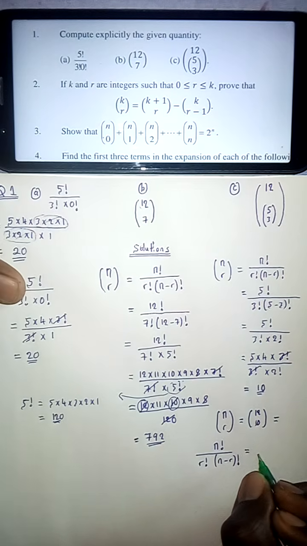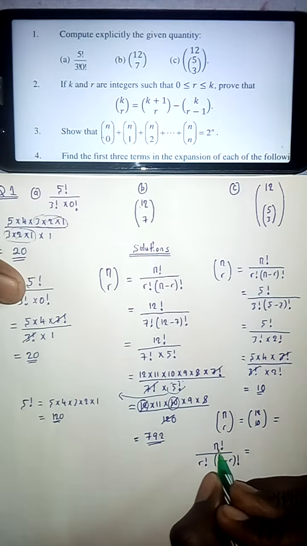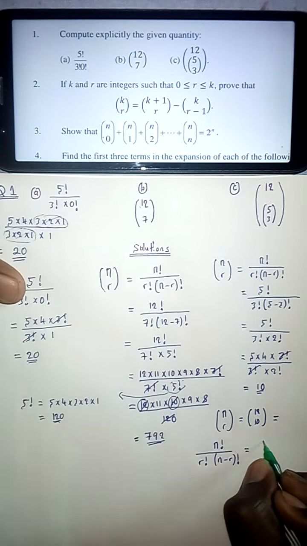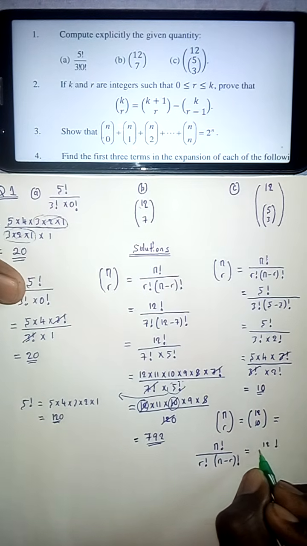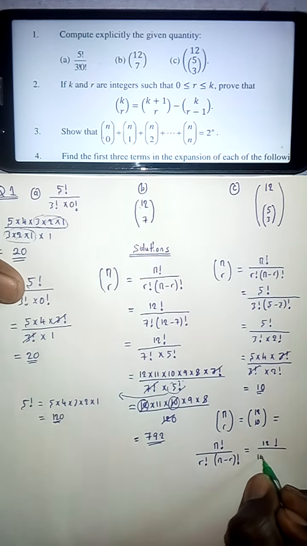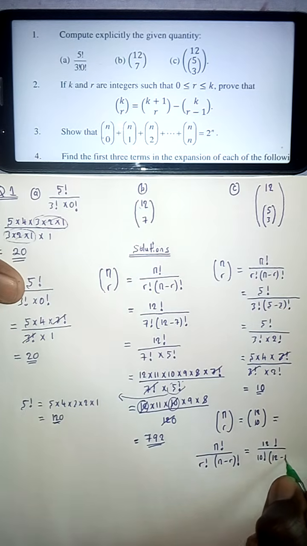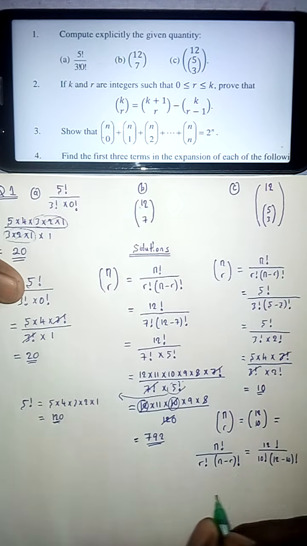It should be equal to what? Well, what will be our n? Our n will be 12. What will be our r? R is 10. So 10 factorial. N is 12. R is 10 factorial.